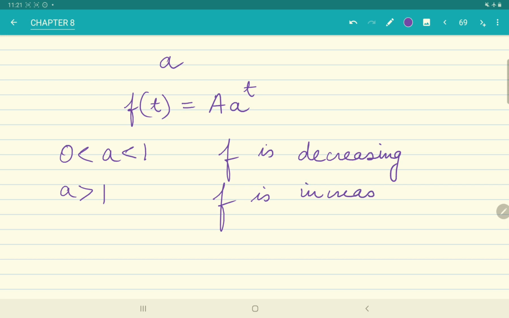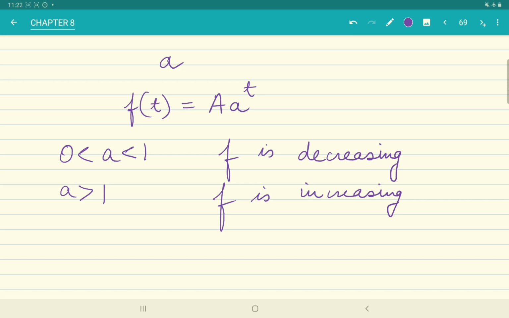We are concerned about a quantity that is increasing exponentially or decreasing exponentially. When I say it is increasing exponentially, that means the quantity is increasing by a fixed factor per unit of time. Or if it is decreasing exponentially, it is decreasing by a fixed factor per unit of time.